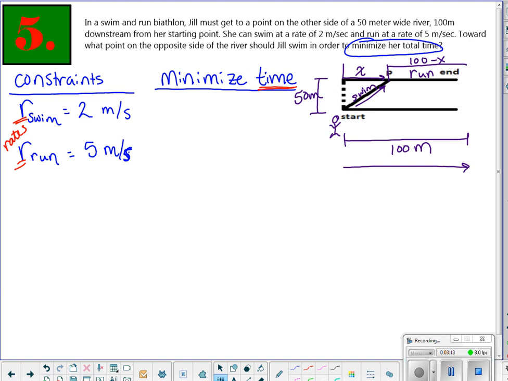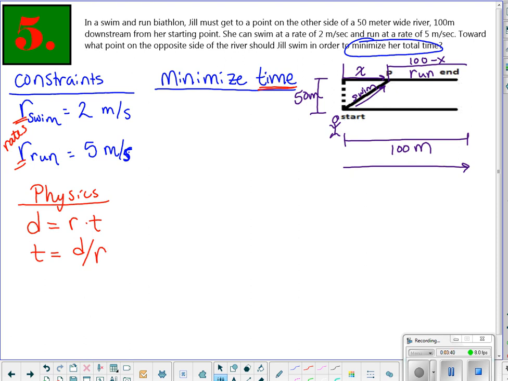I need to get rates converted over to time. Well, that's going to stretch back to a little bit of physics knowledge. We know in physics that distance equals rate times time. So if I solve for t, I would know that time is equal to distance divided by rate.